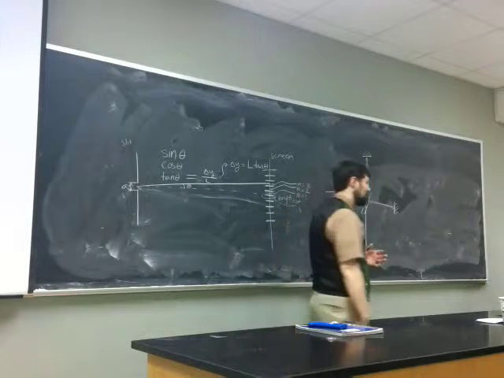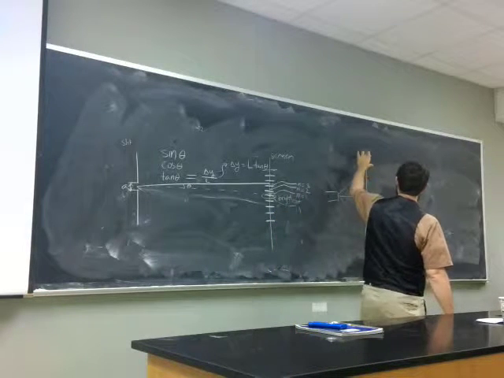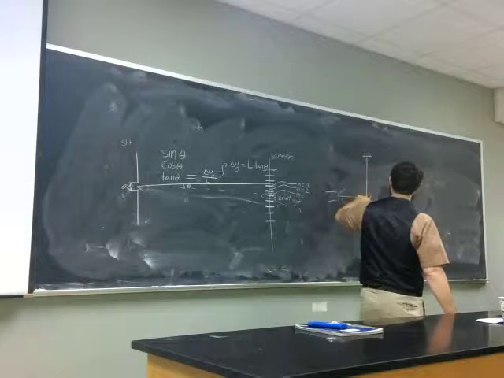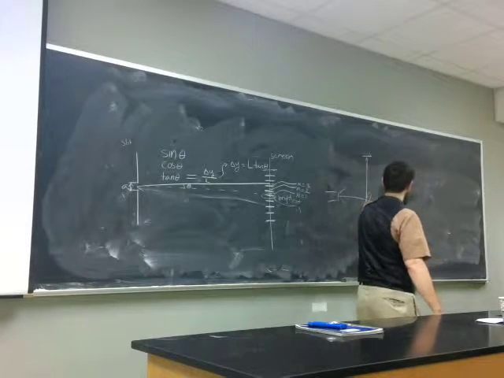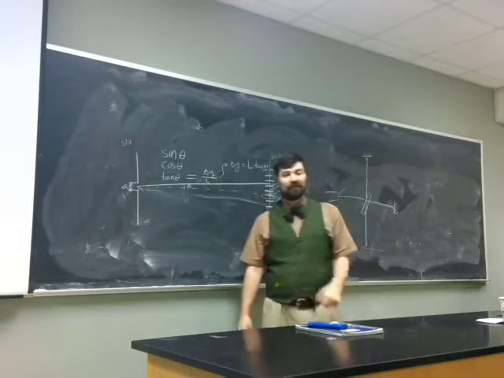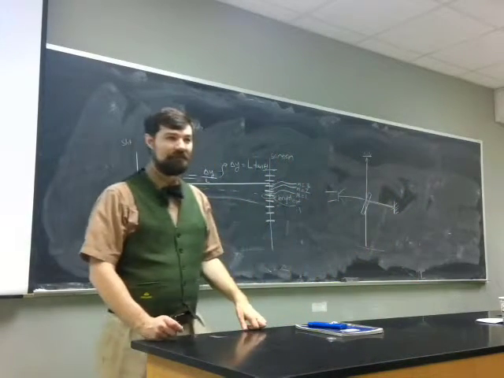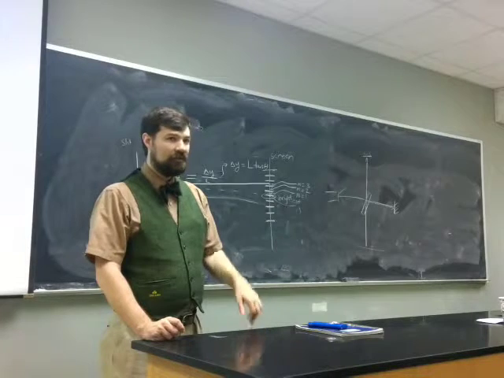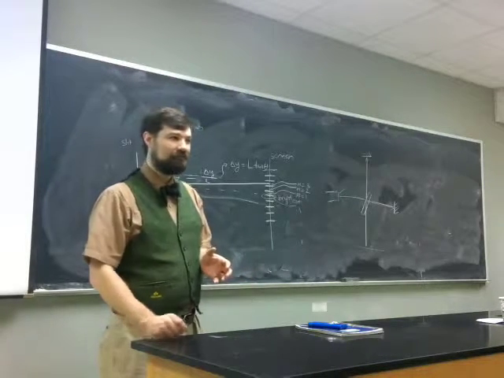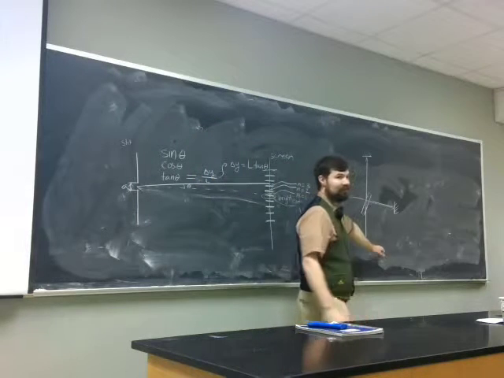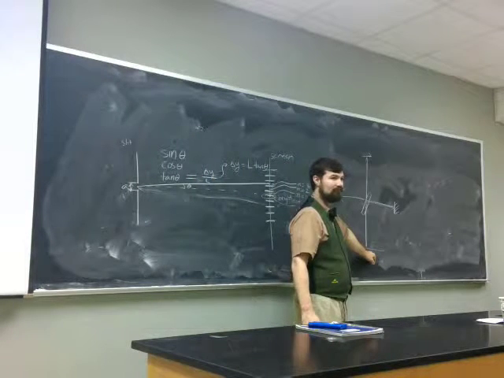Well, it turns out that what determines it is the difference in length between this and this. We call those the two arms of the interferometer. If the two arms are exactly the same length, you will get a dark spot down here.